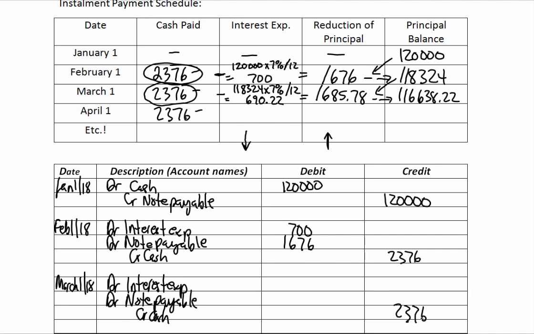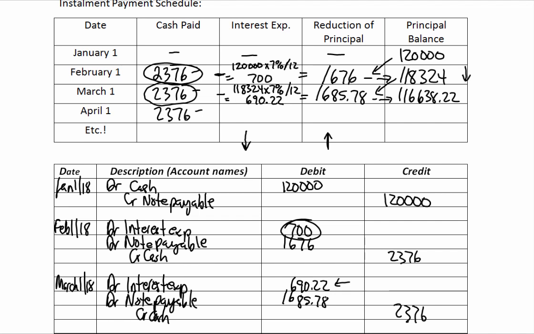But the way it's divided, right? I'm paying less interest, 690.22. Notice my interest here and my interest here. I'm paying less interest. Why? Because my principal declined, right? Look, principal went down. So I'm paying less interest. And that means I'm paying more principal, 1685.78.